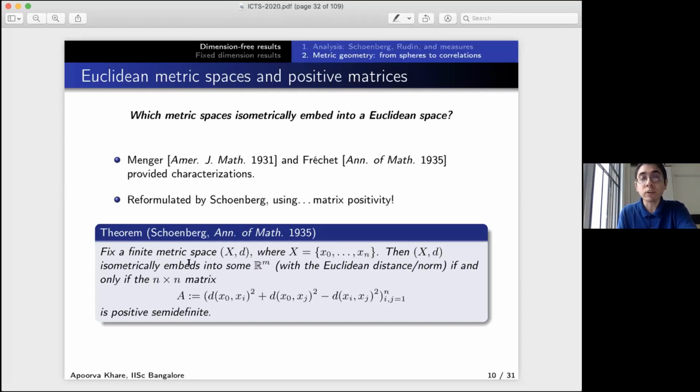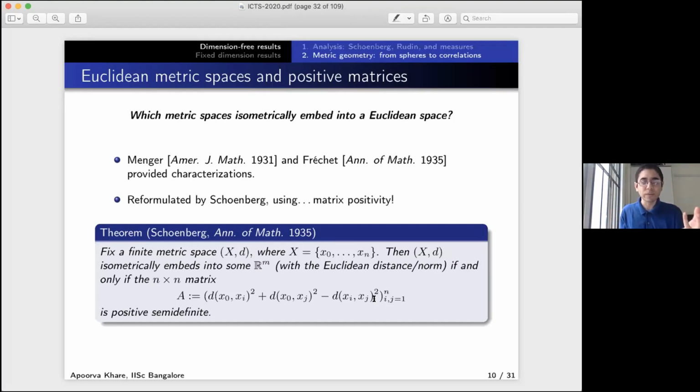So X isometrically embeds, meaning preserving distances, in some Euclidean space Rm, if and only if the n by n matrix, so not n+1 by n+1, remember, this is the n by n matrix whose ij-th entry is the distance from x0 to xi squared plus this minus this, is positive semi-definite.